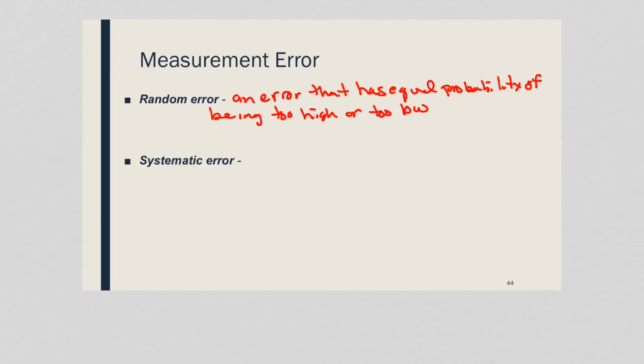And the nice thing about this is random error will typically average out with enough trials.